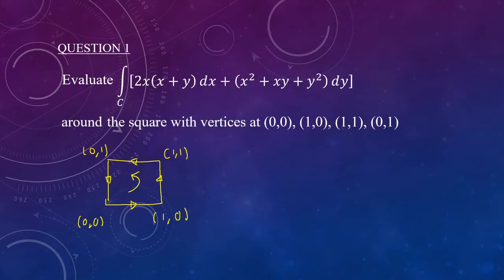The movement of the contour is anti-clockwise, and C is actually a simple closed curve because the endpoint and the beginning point is the same, which is here.